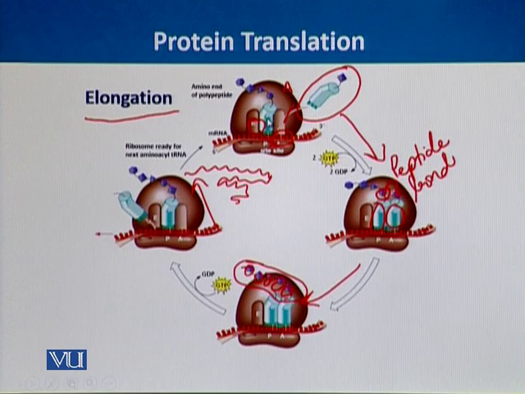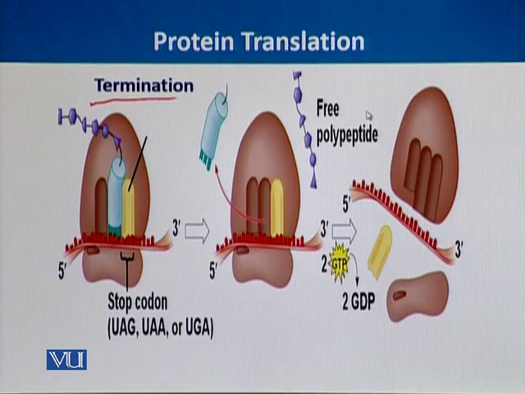So this is the elongation process, and the main feature of the elongation process is the formation of peptide bonds between the added amino acids. The last step of protein synthesis is the termination process.